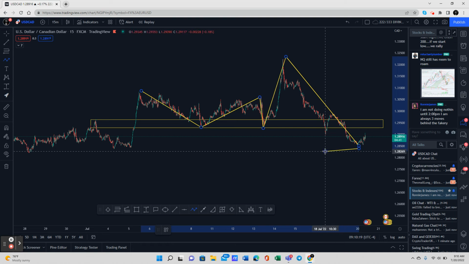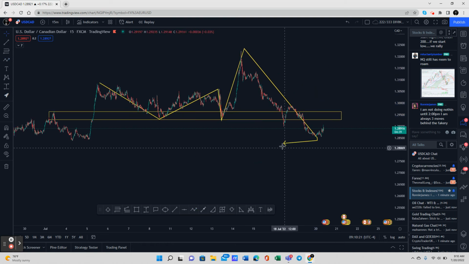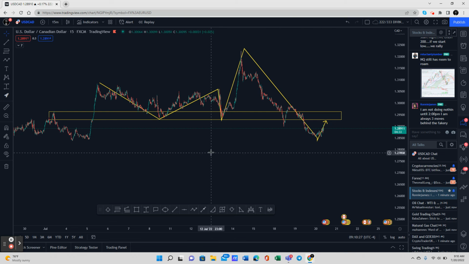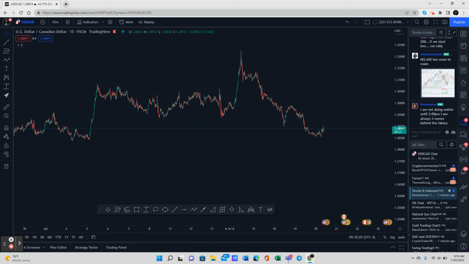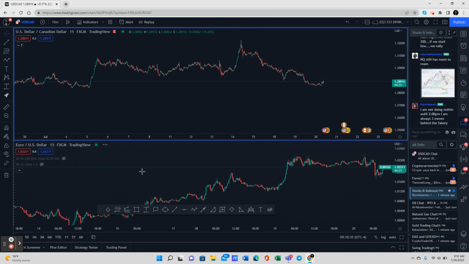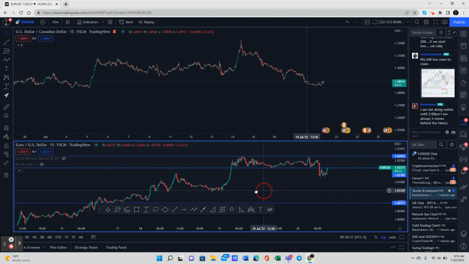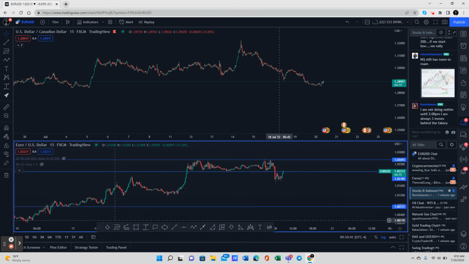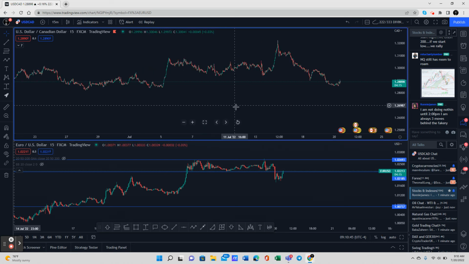Sorry. Let's pull them up side by side. Down at the bottom we have the euro. At the top we have the US dollar, Canadian dollar.